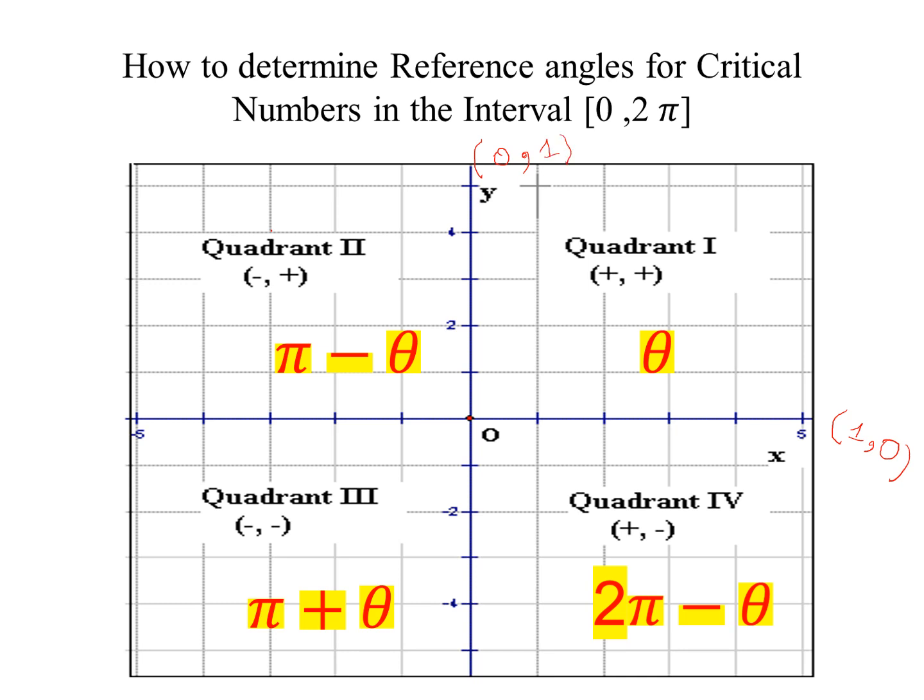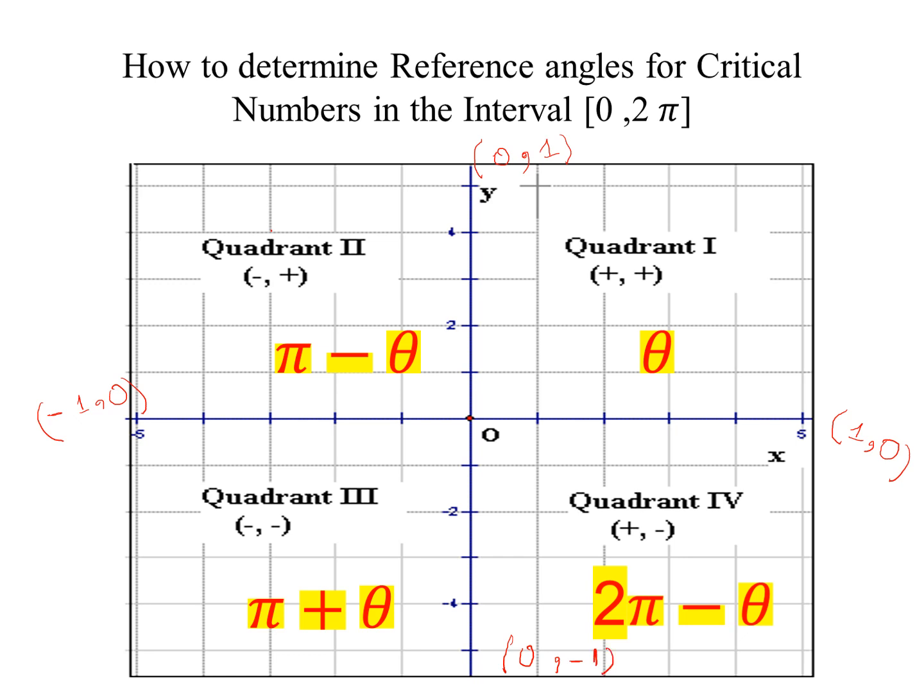We move to the left-hand side and the values here are -1 and 0. We are writing the values of x and y in the coordinate plane of a unit circle. And at this stage, the value of x is 0, whereas the value of y is -1.